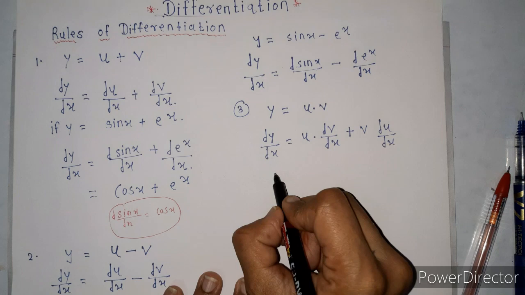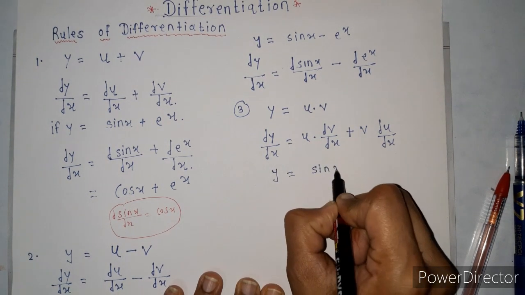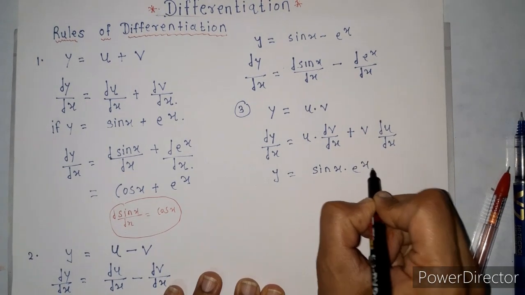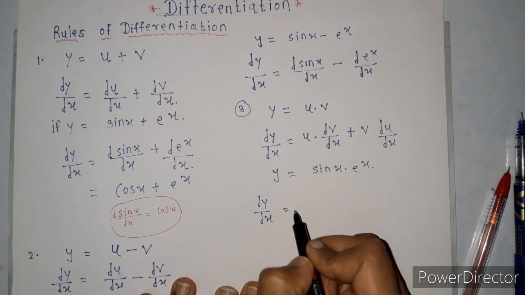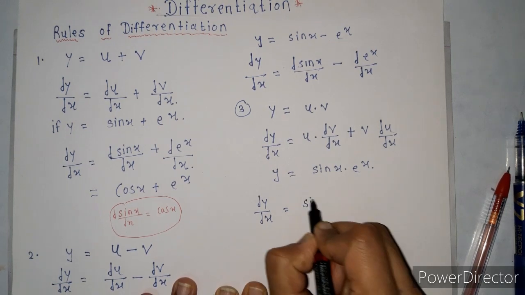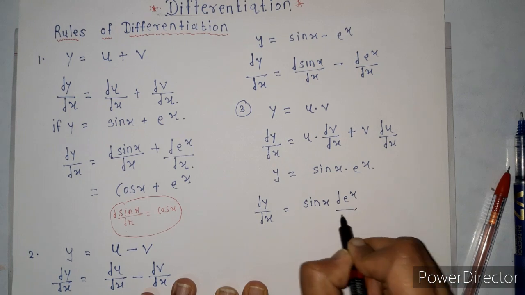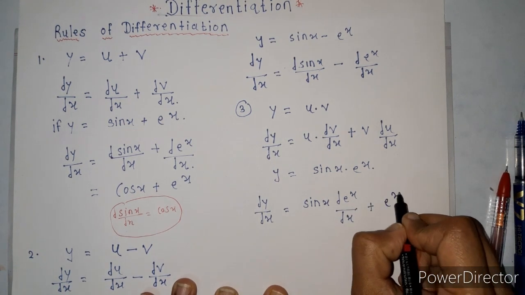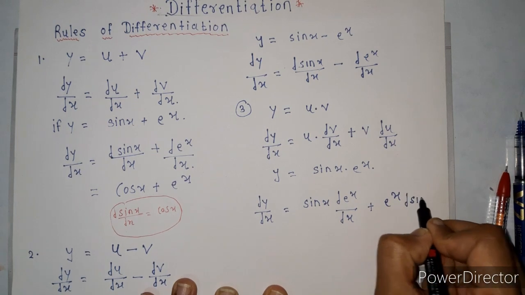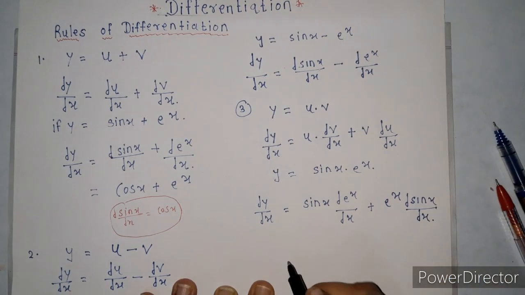Okay. For example, y equal to sin x into e raised to x. Then dy by dx equals: sin x is constant, differentiation of e raised to x with respect to x, plus e raised to x is constant, differentiation of sin x with respect to x.